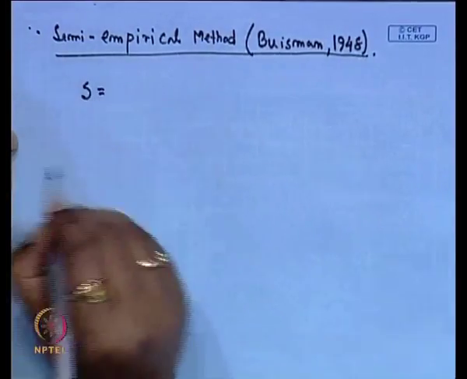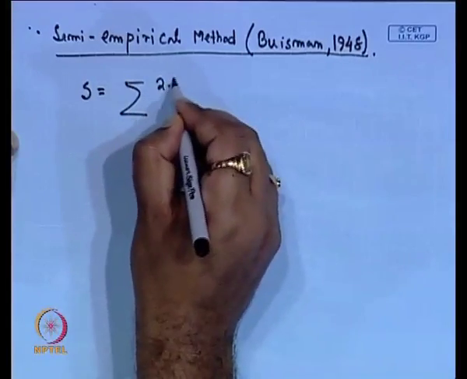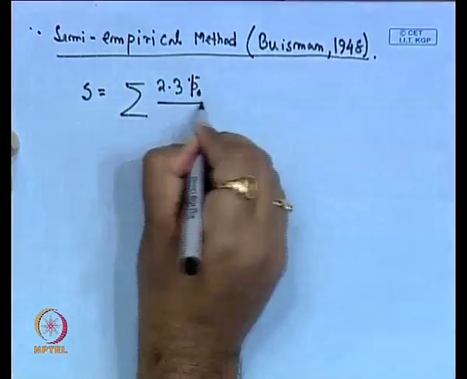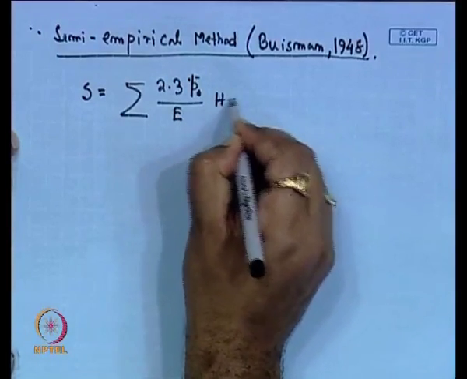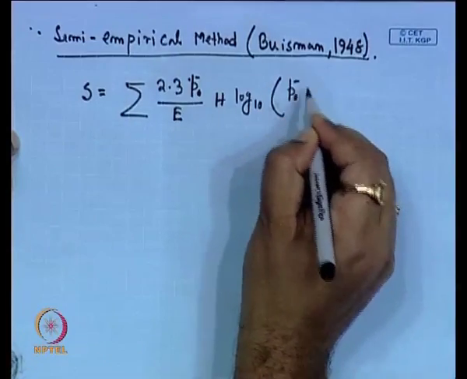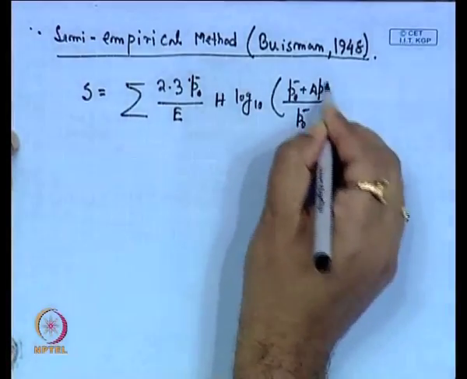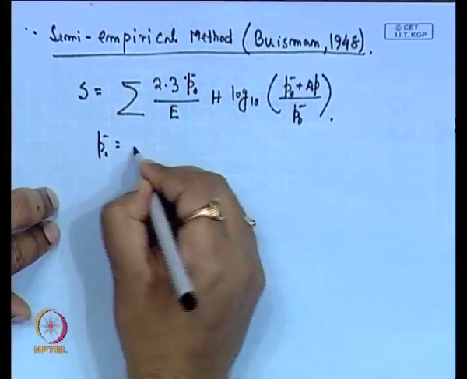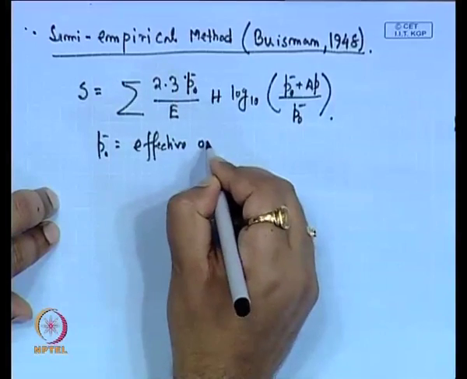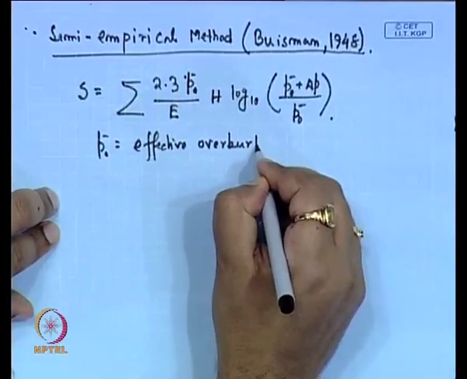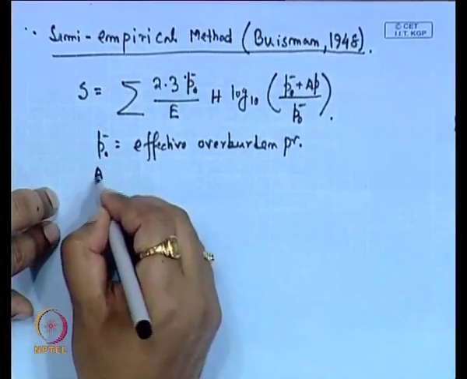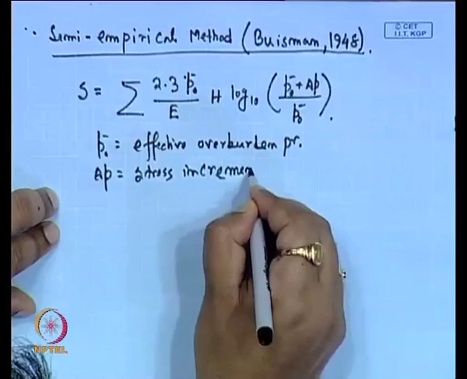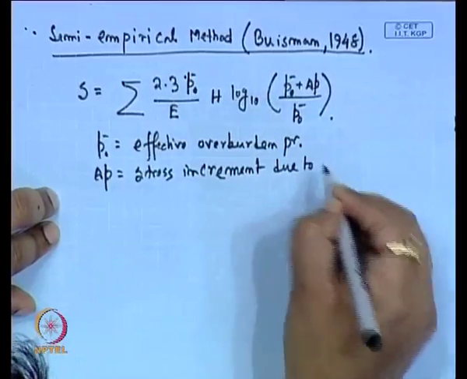Here the settlement is calculated by the summation of 2.3 into P0 bar by E into H into log10 of (P0 bar plus del P) by P0 bar, or you can say this is sigma 0 bar or del sigma P, both are same, where P0 bar is the effective overburden pressure and del P is the stress increment due to footing load.